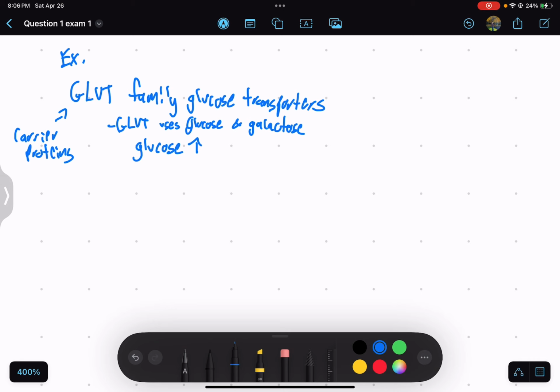When the glucose is high, it's going to block up the carrier, not allowing galactose to access. And the same can be said in reverse. So the glucose will keep being around the carrier while galactose won't be able to access. Or if the galactose was there, the glucose wouldn't be able to access it. So only the glucose would go through.